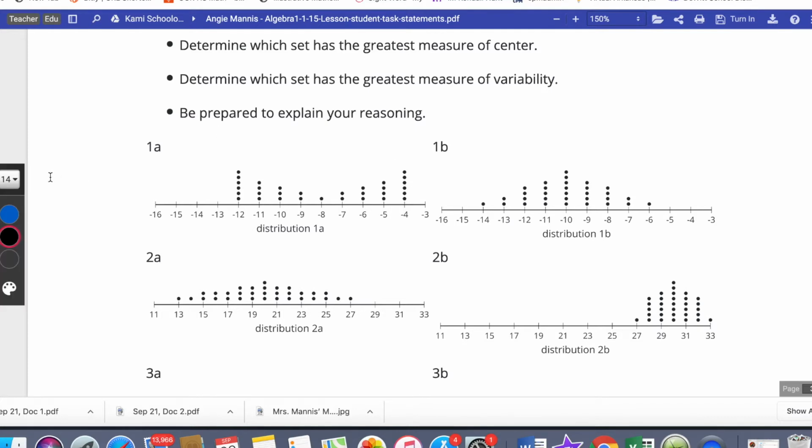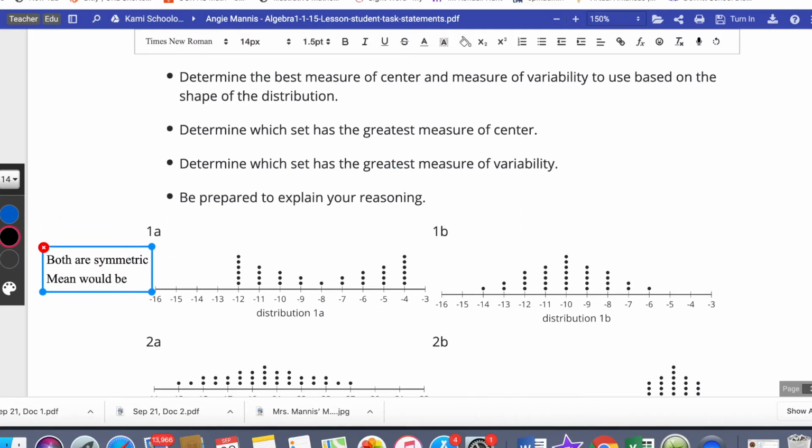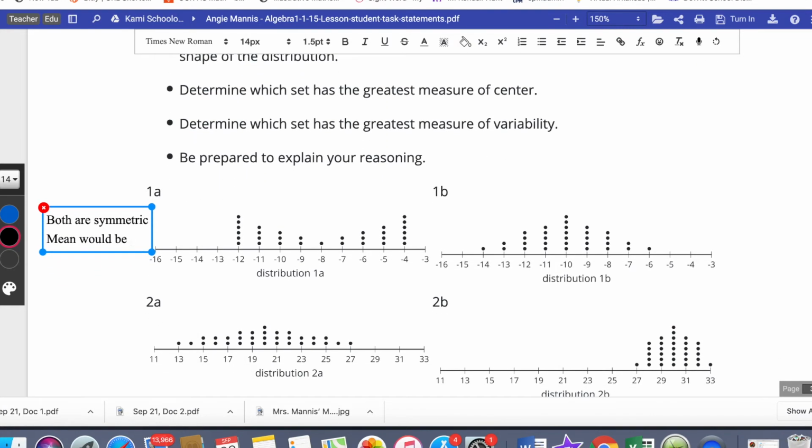So we could say both are symmetric. So for measure of center, mean would be the best measure of center.